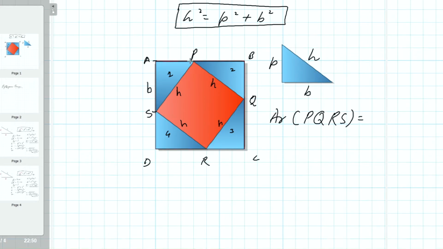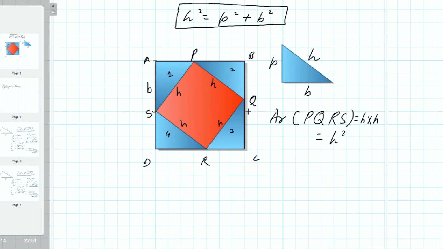If you compare this right angle triangle with this one, you will conclude that this side is equal to H. So what about the area of PQRS? It will be equal to H into H, and we can write it as H square also. So the area of this orange square PQRS will be equal to H square.